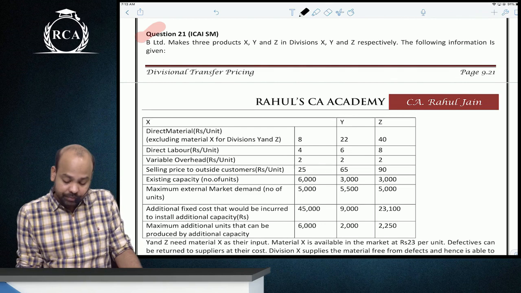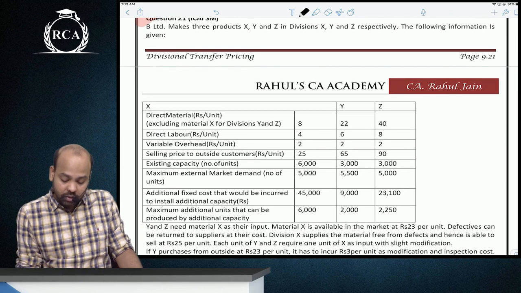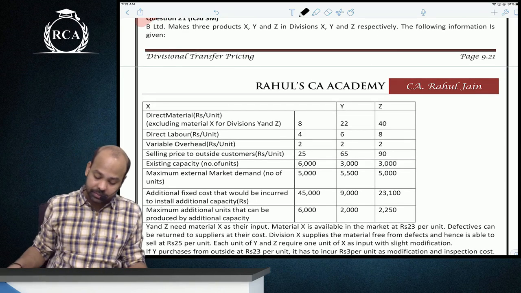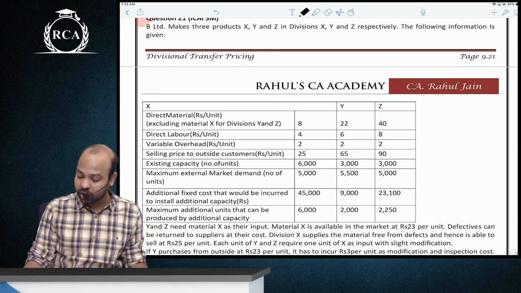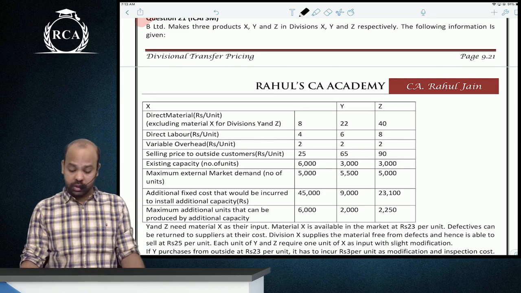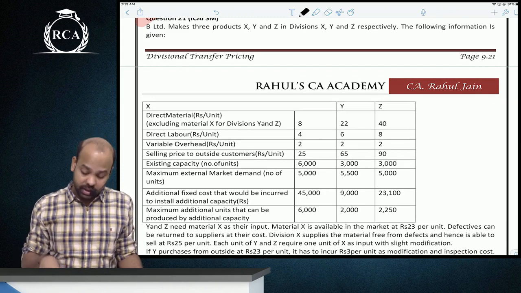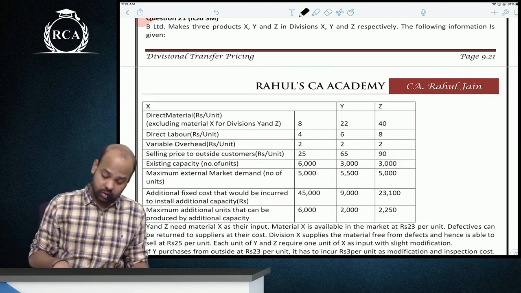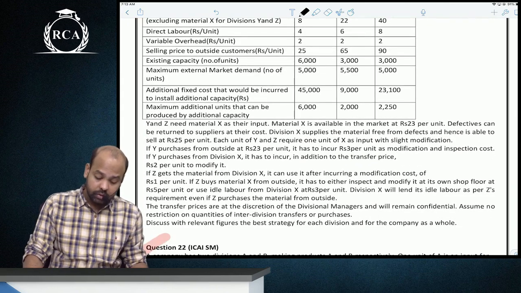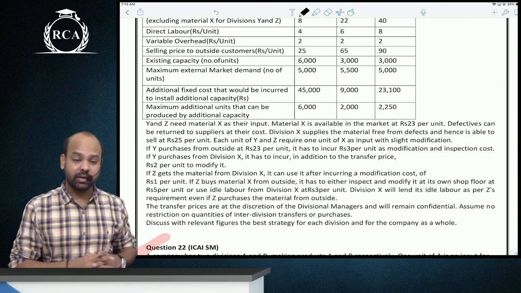Division Z, guys, 3,000, 5,000 and 2,250. Again, we can increase the capacity by 2,250 units, so total production capacity will become 5,250 units, but the demand is only 5,000 units. No problem, guys. Y and Z need material X as their input.